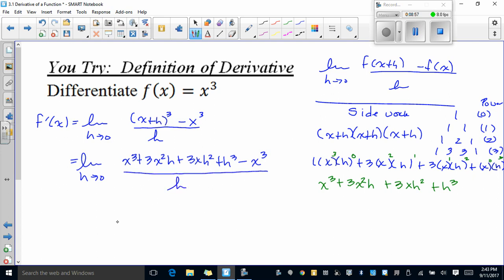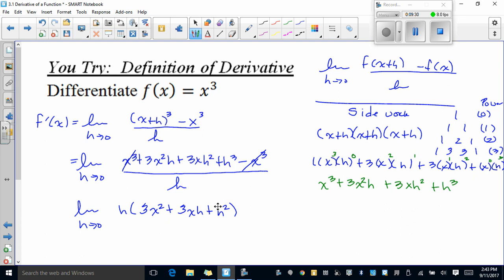Everything else has an h in it, so I'm going to go ahead and factor it out. So h times, this is going to be left with 3x squared plus this one here, one of the h's got out, so it's 3xh, plus, and then 3 minus 1 gives me h squared, all over h. The h's cancel out, and we're left with this.